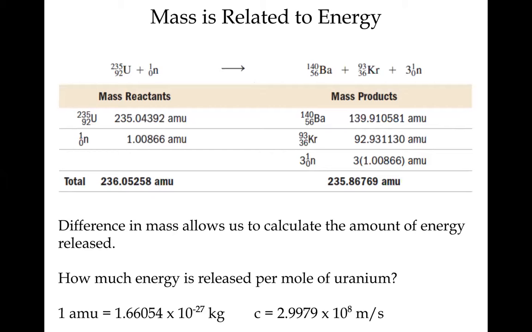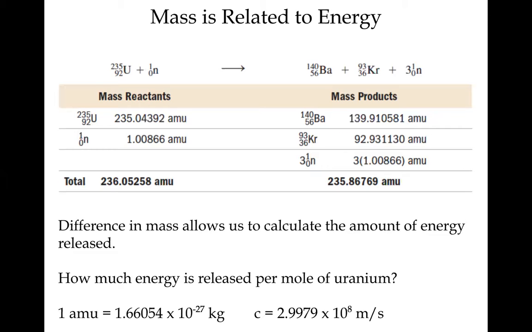And we can see how much energy is released per mole of uranium, for example. Not just how much energy is released from a nucleus, but you can extrapolate that out further into a given amount. So how would we do this? Well, for one, we'd have to figure out what the mass defect is.